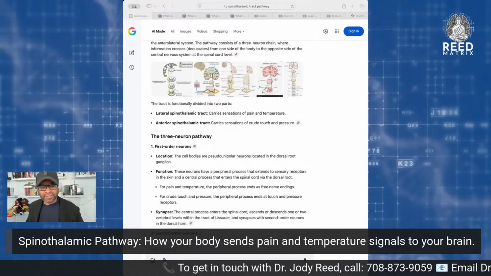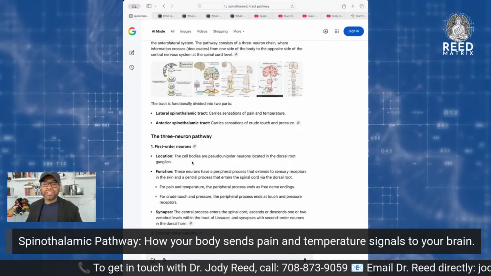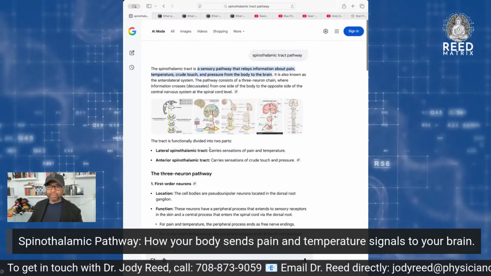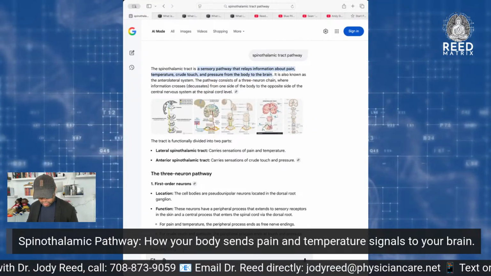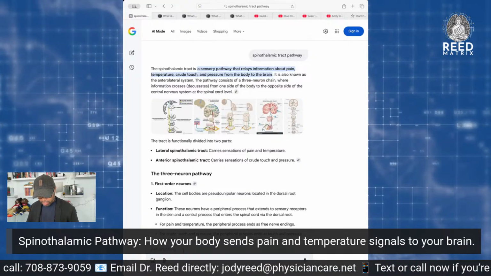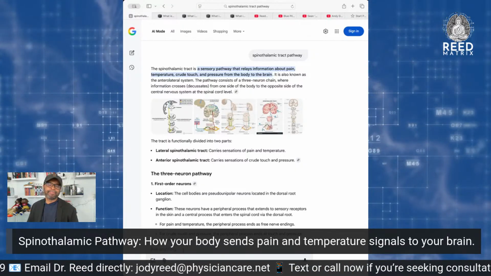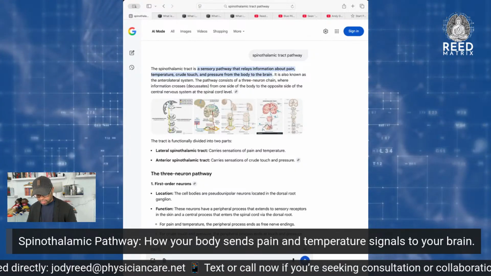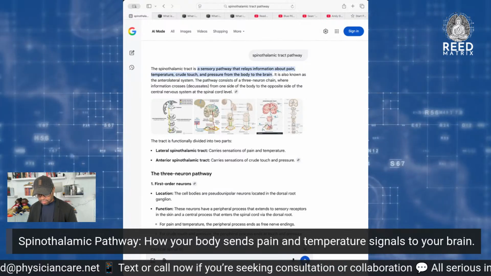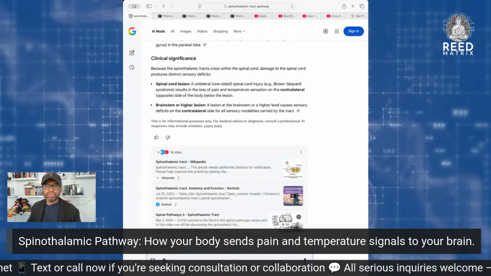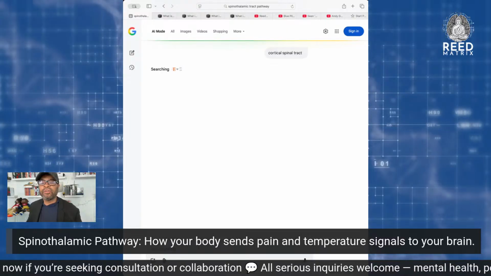All right, so I think that's all I have to say for now about the spinothalamic tract. Stay tuned, folks. Tomorrow I'm going to do the corticospinal tract. Let me just give you a preview of that.